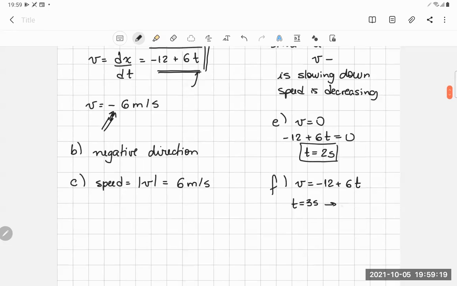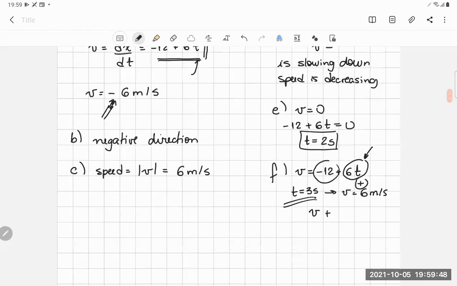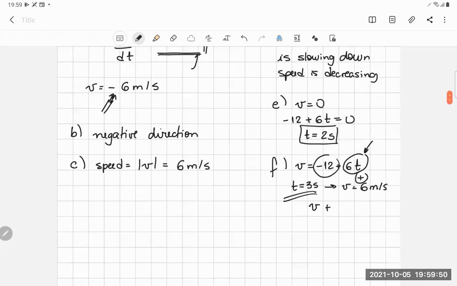Minus 12 plus 18, so it's plus 6 meters per second. The velocity is positive. And any time larger than 3 seconds will give a value here that is larger than minus 12, so the velocity after 3 seconds is always positive.